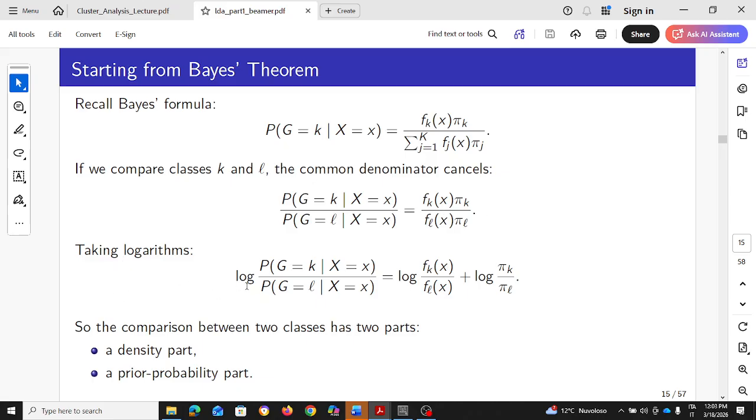Then we take the logarithm for both classes. The rule of logarithm: applying logarithm to a product becomes logarithm of A plus logarithm of B. So we apply that rule. Now we can see the comparison between the two classes, K and L, has two parts: the density part and the prior probability part.